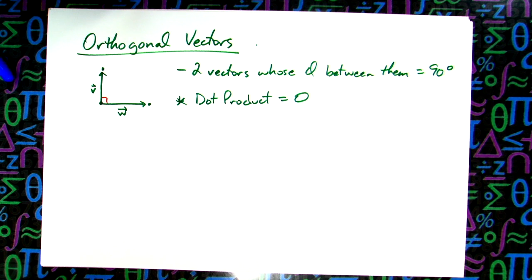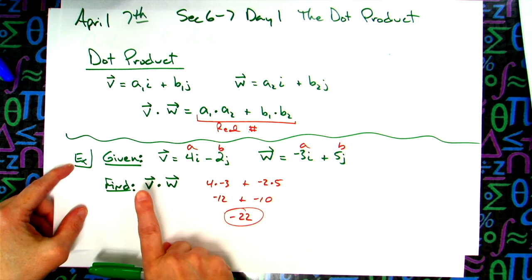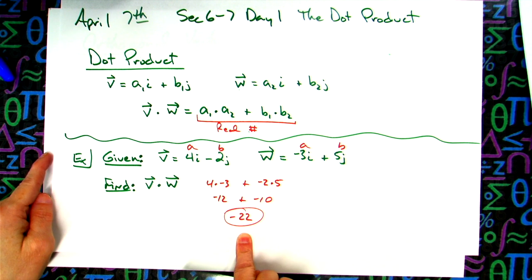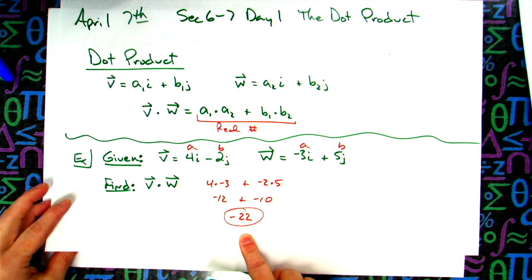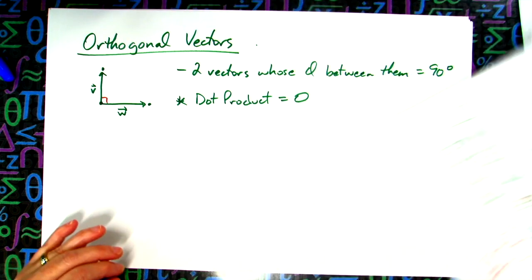If it comes up to be any other number, then it's no. All right, and literally MyMathLab is going to ask you the yes, no questions. So if we go back to the very first one that we did, is this vector V and this vector W orthogonal? No, because I got negative 22. Okay, so all you literally got to do is check it, and if it comes up 0, then it is.